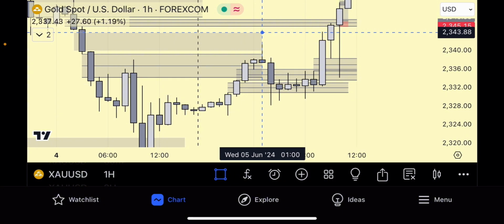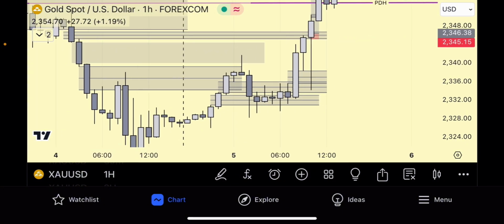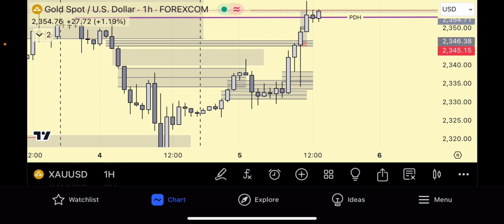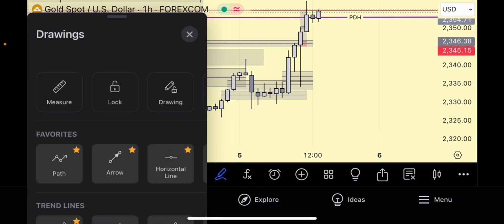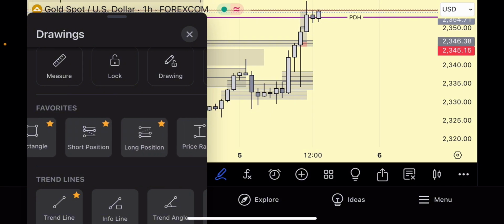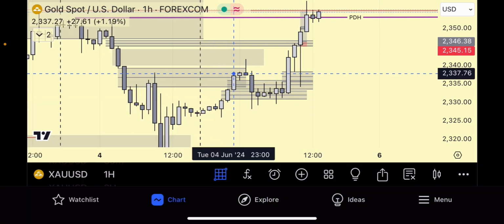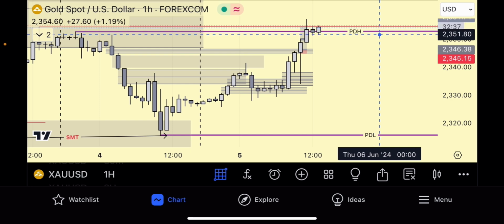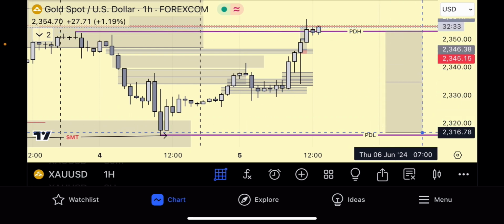After the mitigation of this fair value gap, I actually measured the range using my gun box. I measured the range from this high here to this low here.